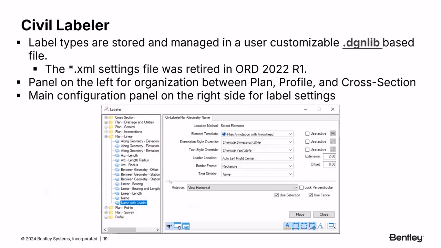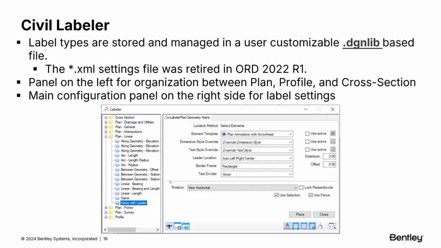But going back to what I was alluding to before, depending on the release of your version, you'll be able to note whether or not you're using the tech preview of Civil Labeler versus the newer and enhanced available Civil Labeler, if your tool is XML based versus DGN lib based. So it'll either say XML on the top of the actual dialog box or not.